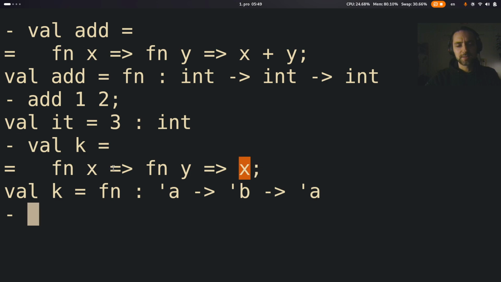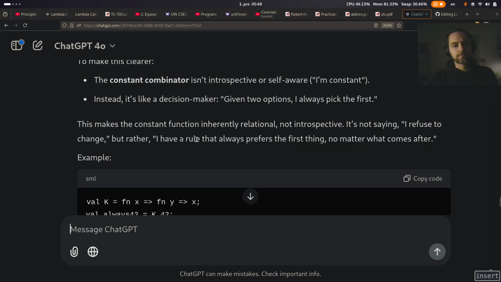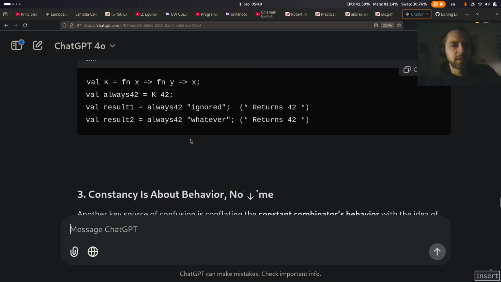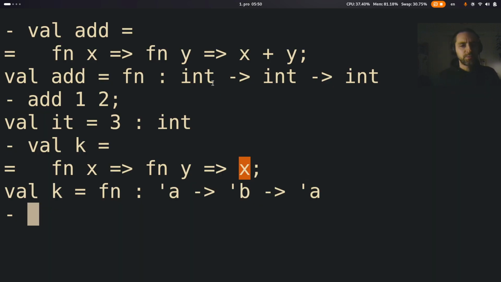Val k, fn x, fn y is x. Val always 42 is k 42. Right, so what would be the difference?